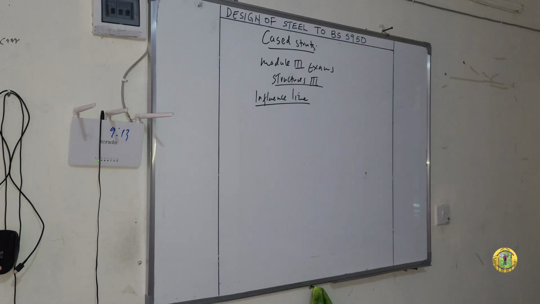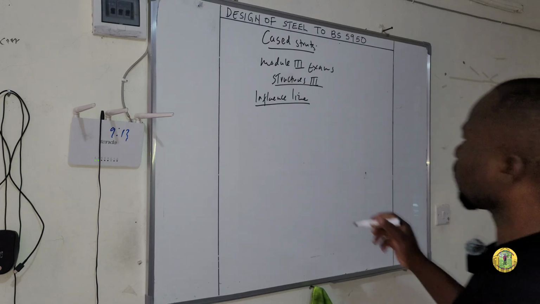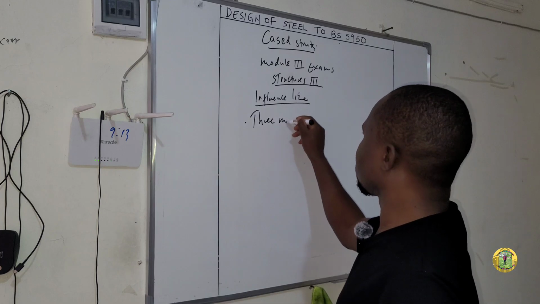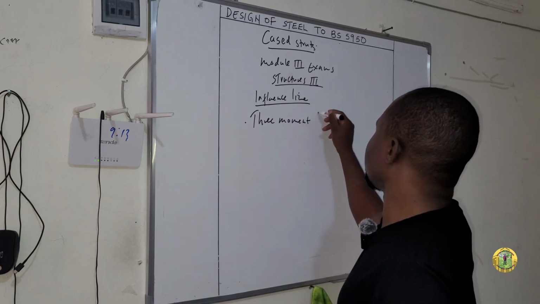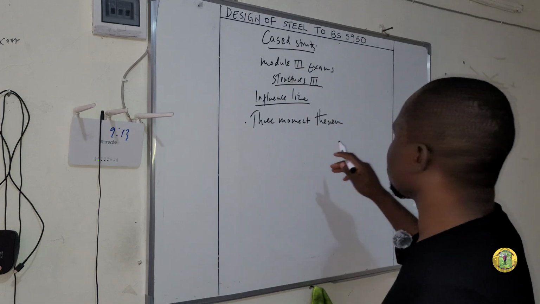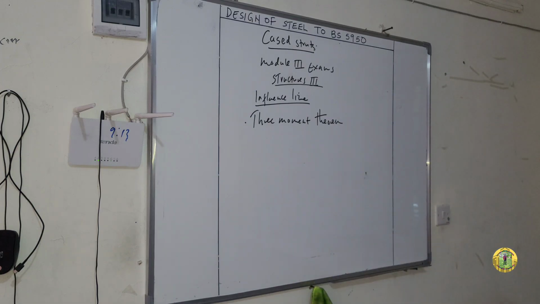You have so many topics that you have been taught by your trainers or by your lecturers, and some of these topics always come in Structures 3. For example, we have the three-moment theorem, or the Clapeyron theorem of three moments.